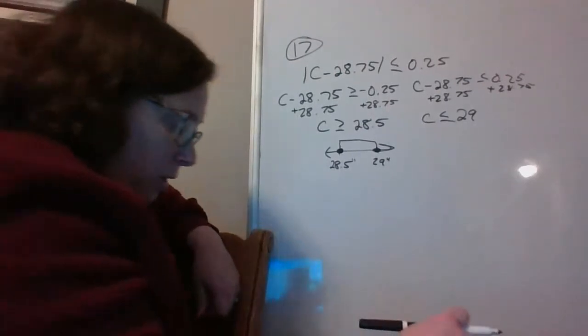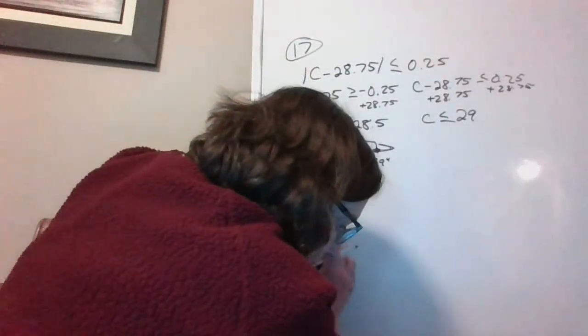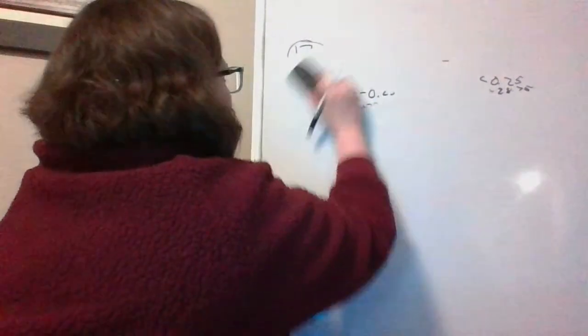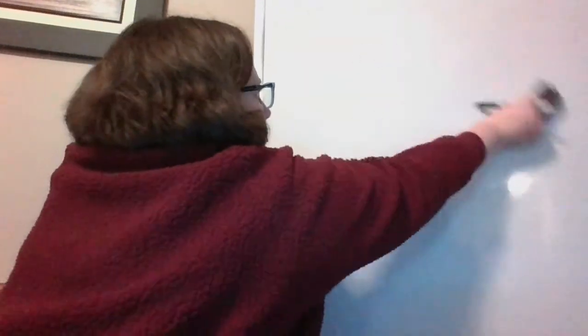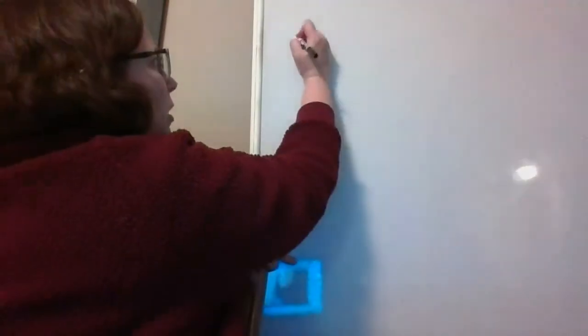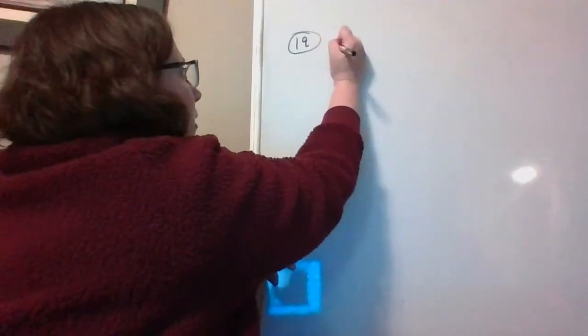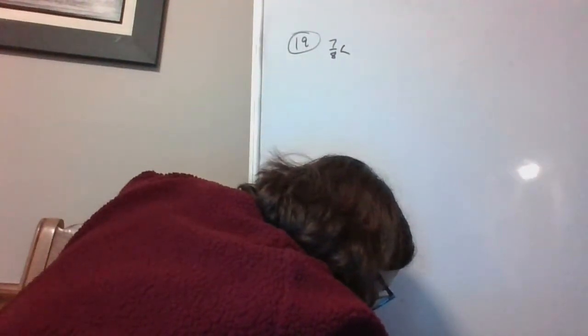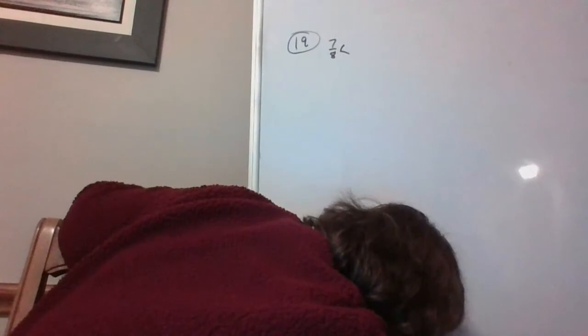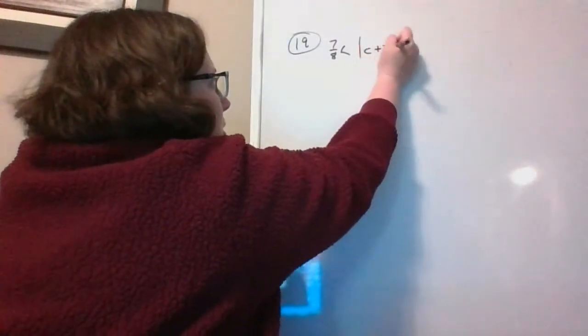The last one is number 19. And with number 19, you may notice right away, hopefully, that our absolute value is actually on the right. So we have 7/8 is less than the absolute value of C plus 7.